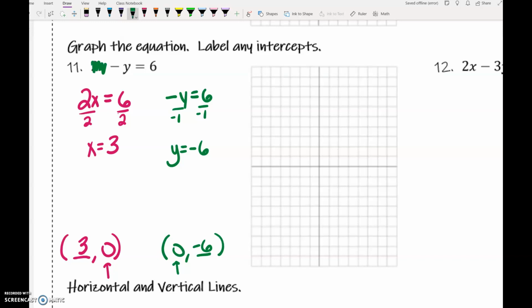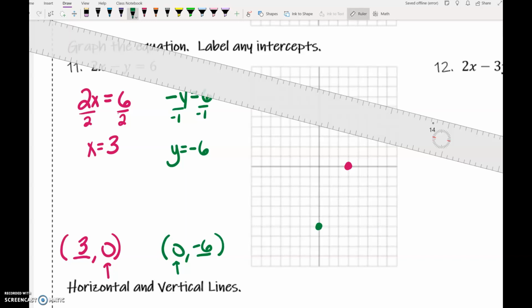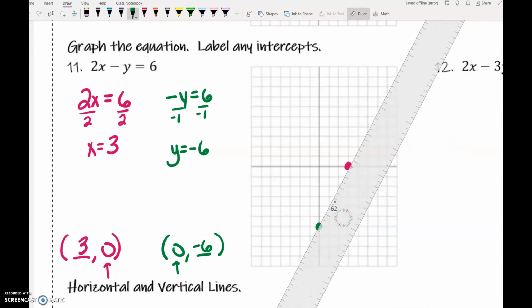So finding the x- and y-intercepts is actually a pretty simple thing because you just ignore the other letter. You just cover it up in the equation. Once you have these, we've got 3, 0. So there's the x-intercept. 0, -6. And then you can grab your straight edge and you can draw a line connecting them.